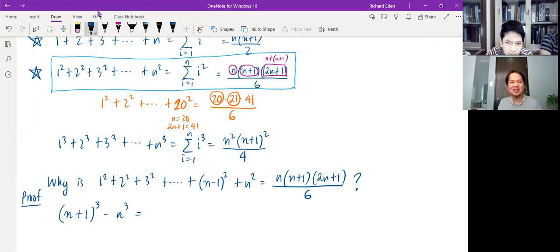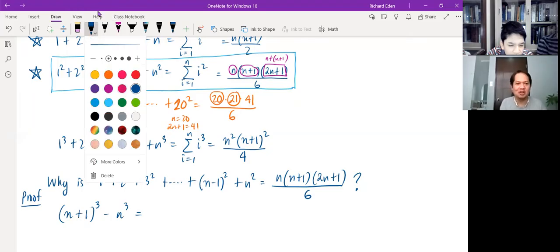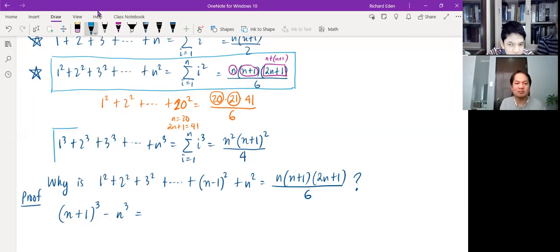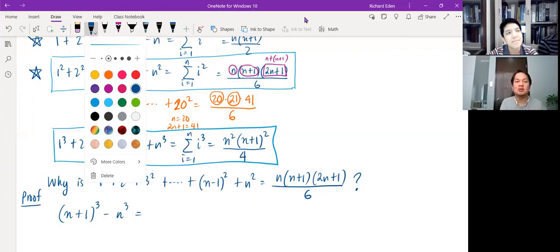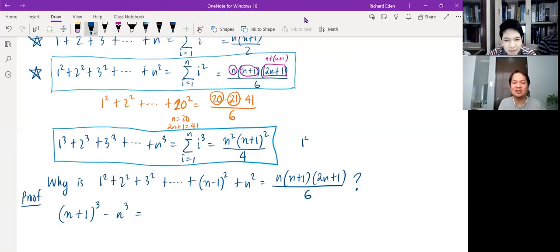Gusto kong pagkatapos nito, I'm gonna prove the formula for the sum of the first n squares. What I'd like you to do is apply the same technique to prove this. And then once you have done it, maybe you can come up with your own formula. What is the sum of the first n fourth powers?